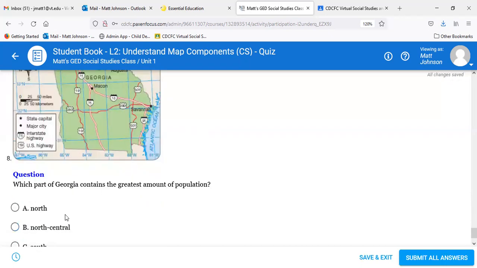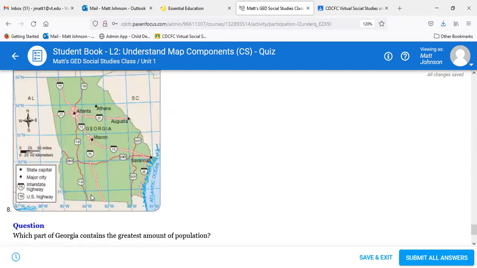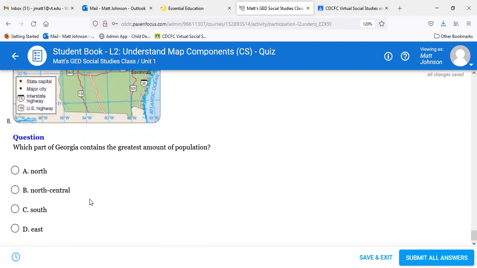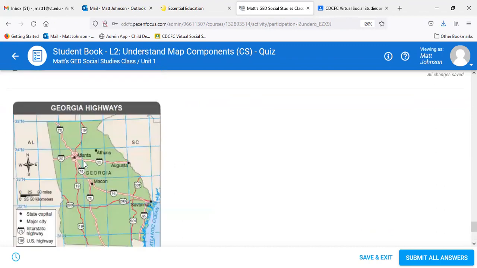Lastly, which part of Georgia contains the greatest amount of population? B, North Central. That's a little tricky because it also has north there, but most of this is central in the state, and it's obviously in the northern extent of the state.